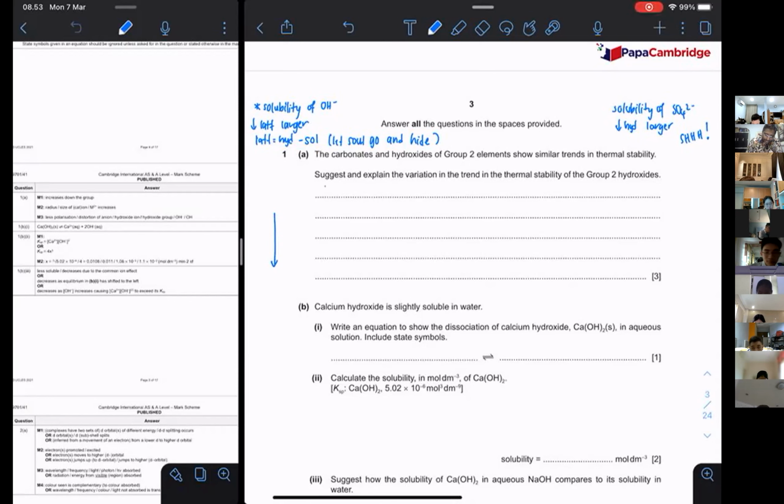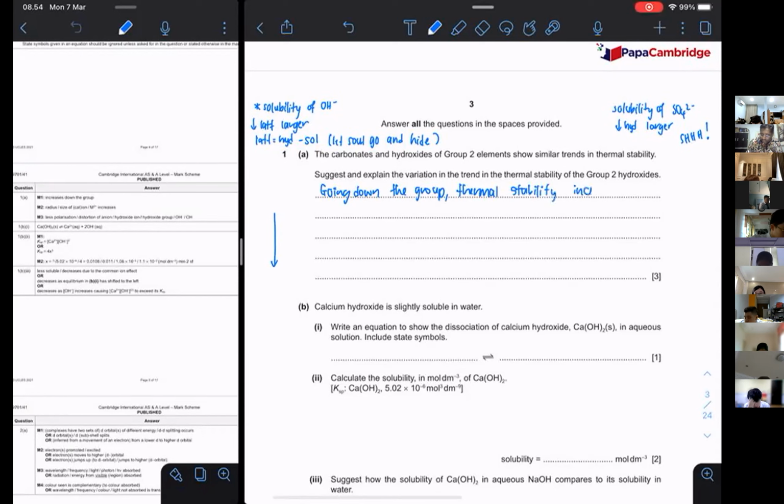So you just say going down the group, thermal stability increases for both hydroxides and carbonates, but here they say hydroxide.